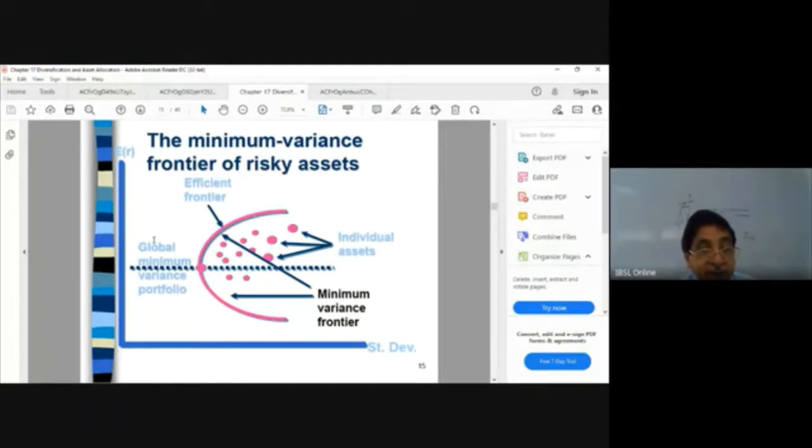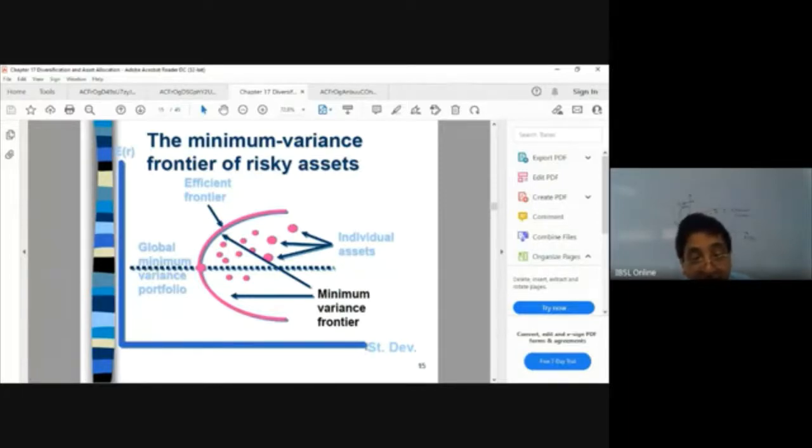Right, the next diagram also signifies the same thing. And minimum variance, they took, I think that is a good point to note. You can just look at this curve, and the variance or the standard deviation is plotted along the x-axis.